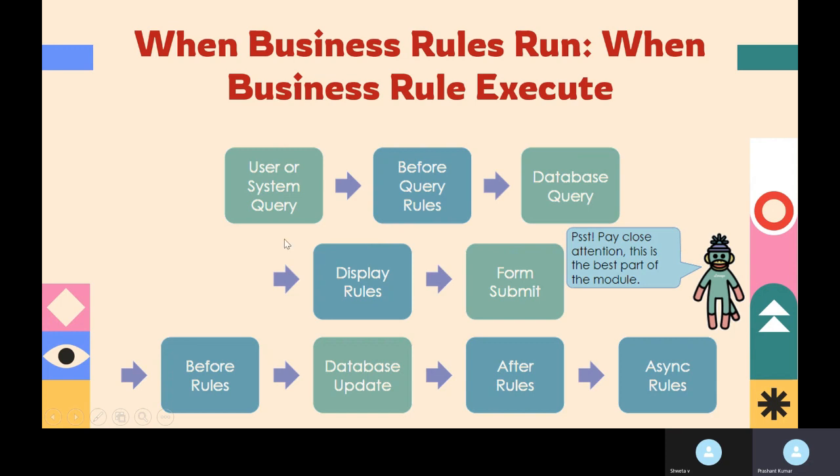Suppose we have an incident record, and suppose we have 5 incident tasks created for that incident. Now what we have to do: suppose our parent incident is resolved, and in the parent incident, suppose we have added some comments like the incident is no longer required, we have fixed the issue.